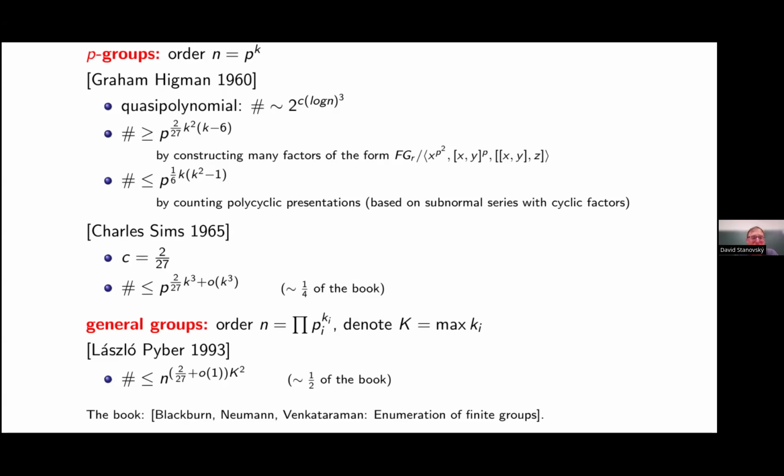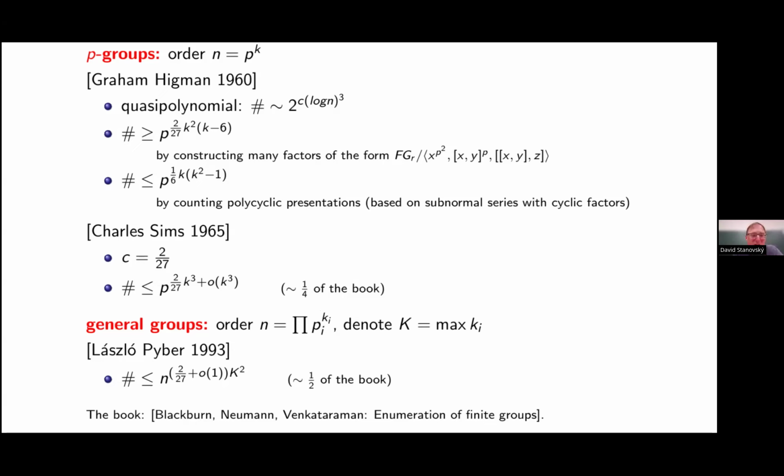It's also cubic in the exponent, but of course you have to formulate it differently in the case of general groups. The precise formulation is here. What I want to point out is that there is the same constant 2 over 27. So this confirms the idea that there are as many p-groups as general groups, at least asymptotically.